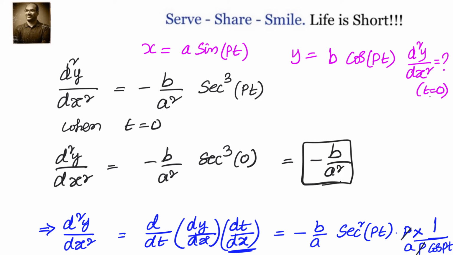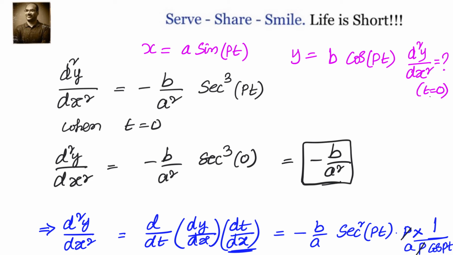Now as part of parametric differentiation, we know that parametric differentiation means we are representing x and y in terms of another parameter, either theta or t. In such scenarios, when you have to calculate the value of d square y by dx square, your dy by dx will be in terms of the parameter, either theta or t.